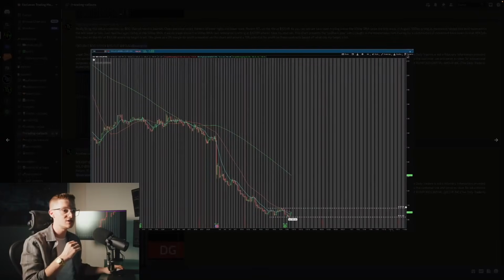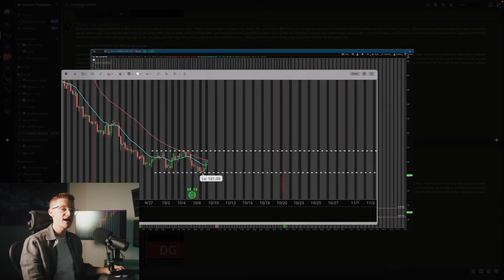Well, when looking at this chart and identifying the resistance level overhead, you can see 107.89 was acting as our next clear resistance. We had a couple tests a week prior of this resistance level, and you could see we had continuously been rejected.